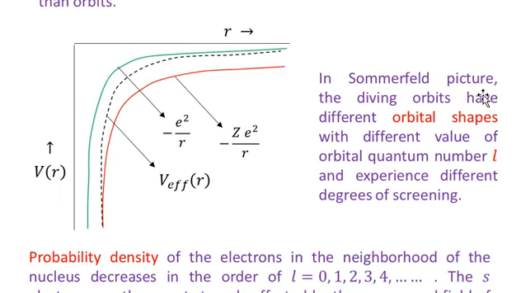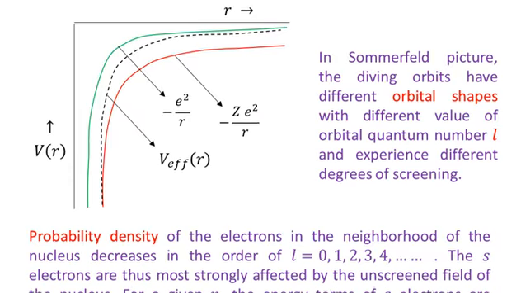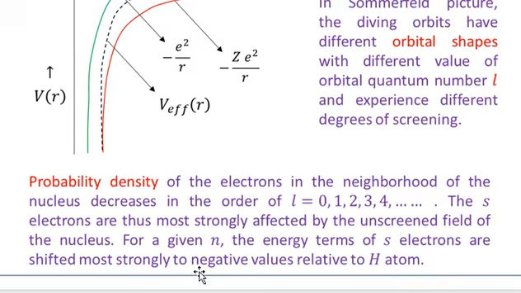In the Sommerfeld picture, the diving orbits have different orbital shapes with different values of the orbital quantum number L and experience different degrees of screening. The probability density of the electrons in the neighborhood of the nucleus decreases in the order of L is equal to 0, 1, 2, 3, 4, and so on.